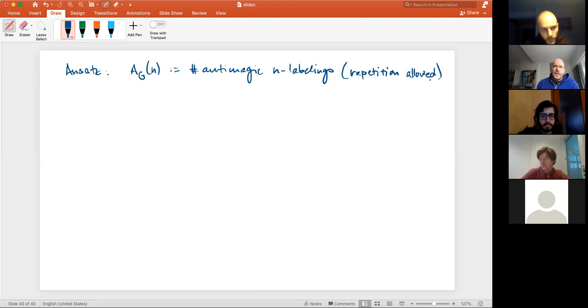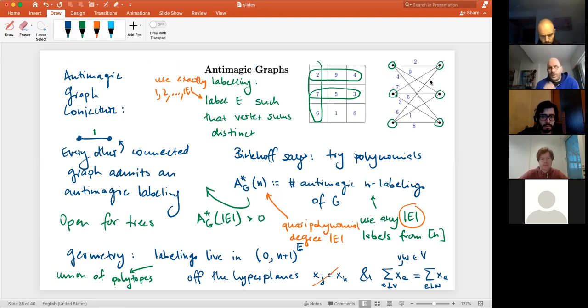And so, maybe I should say this first. Where is there the Ehrhart structure? I told you we have the union of polytopes. Now, if I want to use semigroup algebras to address this, I can only do this on a given polytope. So the structure as a whole is not a semigroup structure, because you have these forbidden hyperplanes.